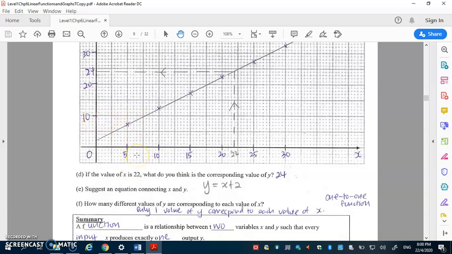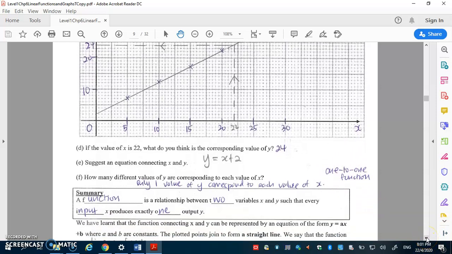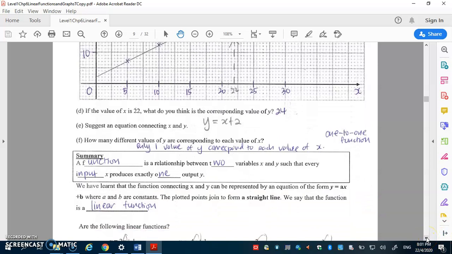So for every value of x, there's only one value of y that is corresponding to that value of x. Okay, so write down, only one value of y corresponds to each value of x, which means this is a one-to-one function. Okay, it's a one-to-one function, meaning for every value of x, there is only one value of y.